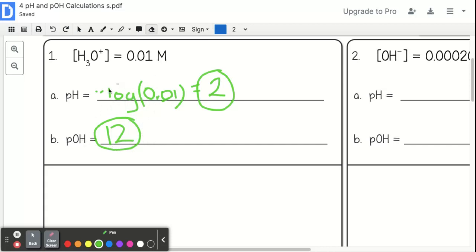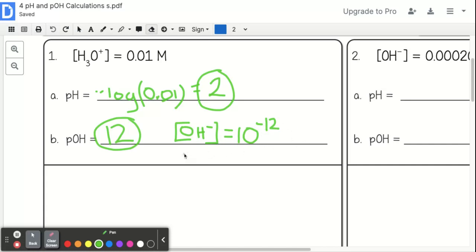So we're going to find the hydroxide concentration. I'm just going to move over here and say, okay, I want to find the hydroxide concentration, which is my OH negative. I'm going to find that by putting this in my calculator: 10 to the power of negative pOH. My pOH is 12, so I'm going to put that in as 10 to the negative 12th.